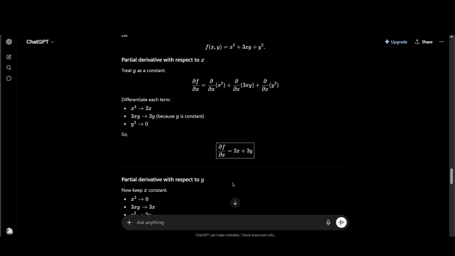So we have the first example here. Example 1: let f of x, y equal x squared plus 3xy plus y squared.